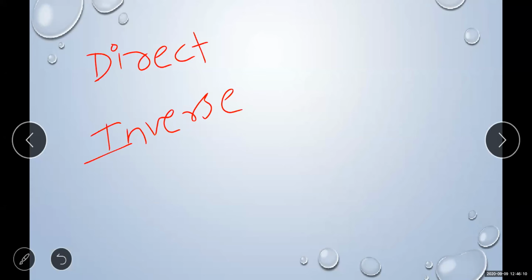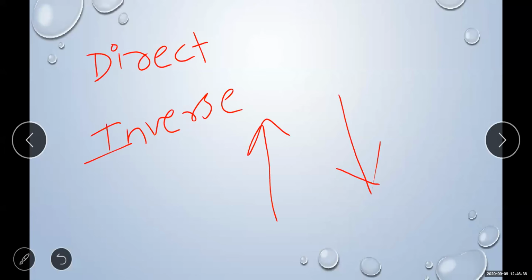Hence the number of days also decreases. This is called inverse proportion.